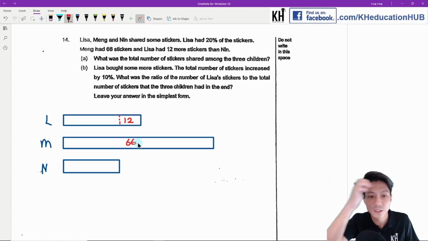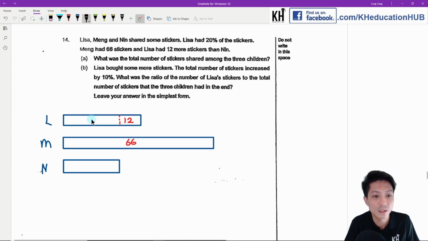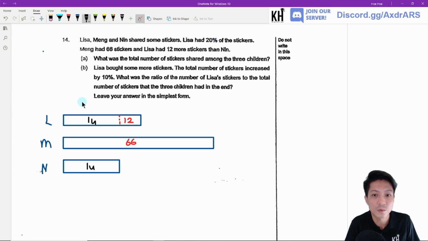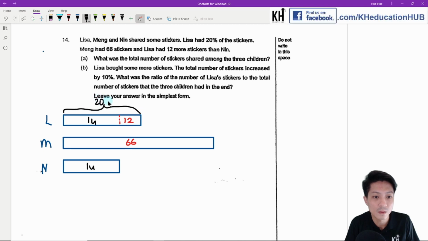Okay, Ming is 66. Okay, and I'm going to let this block over here be 1 unit and 1 unit. Okay, since Lisa had 20% of the stickers, so here to here is 20%.